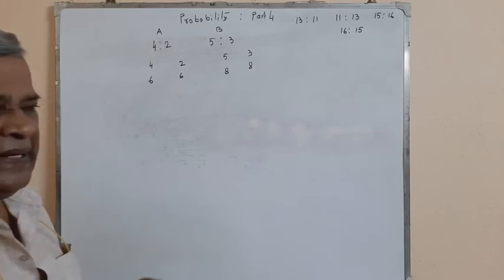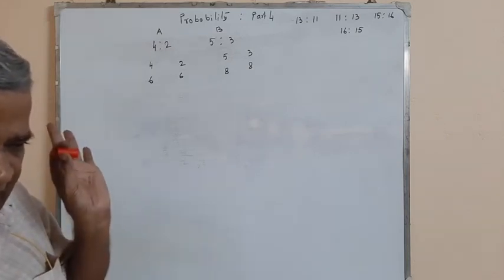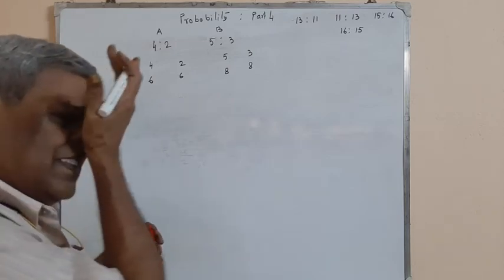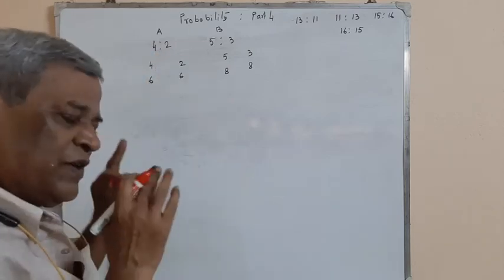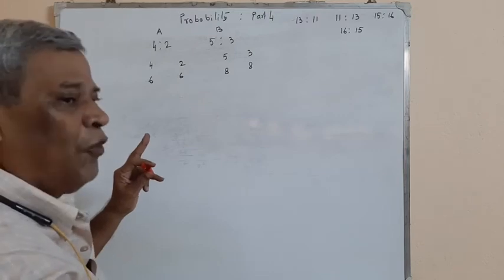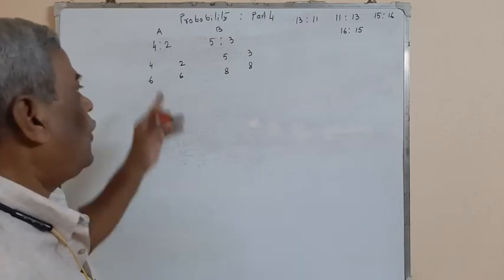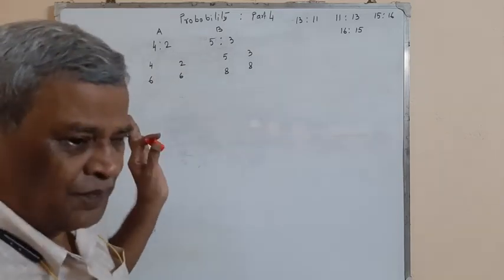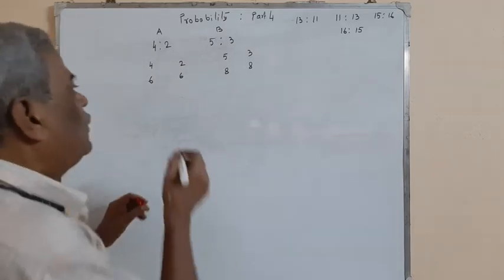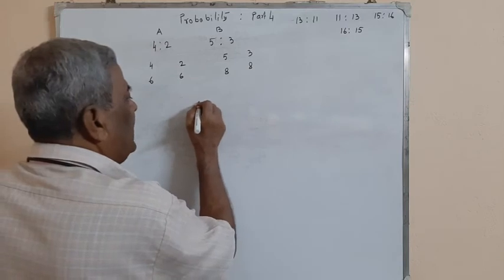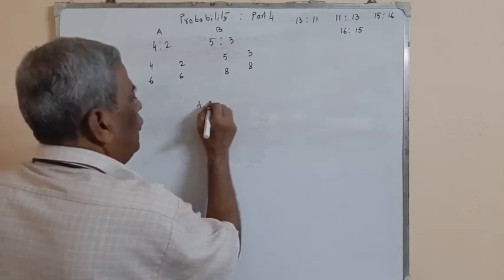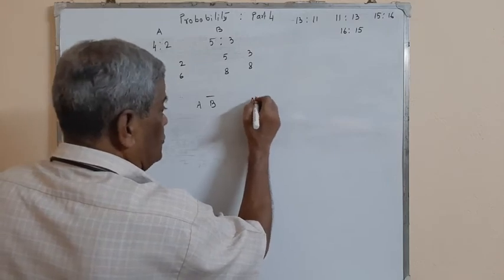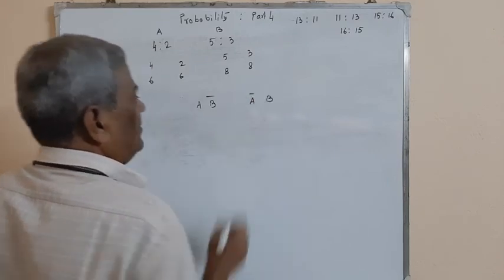What is the probability that they will contradict? What does it mean? They will contradict means if A speaks truth and B false, then contradict. Or A false, B true, then they will contradict. So the only possibilities are A speaks truth, B false, and A false, B truth.